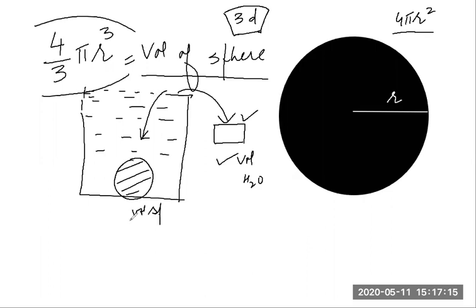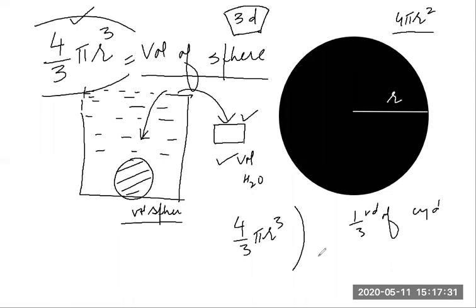When you measure this volume, it will come out to be the same. So guys, volume of a sphere is 4 by 3 pi r cube, and volume of a cone is 1/3 of the corresponding cylinder. So what is the volume of a cone? Cylinder volume is pi r square h, divided by 3.